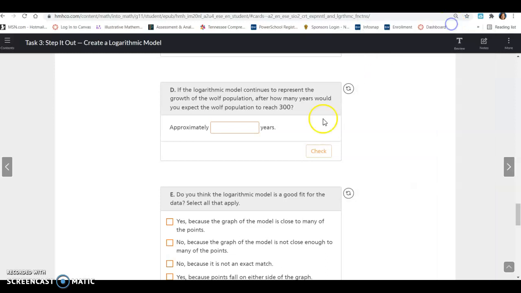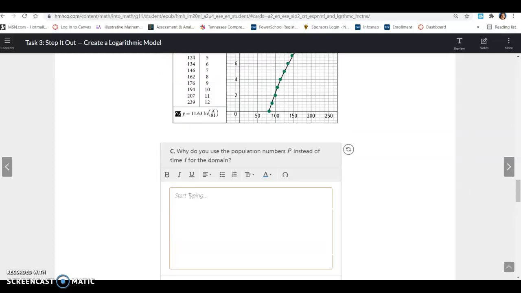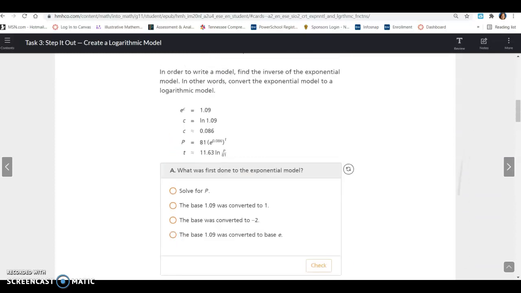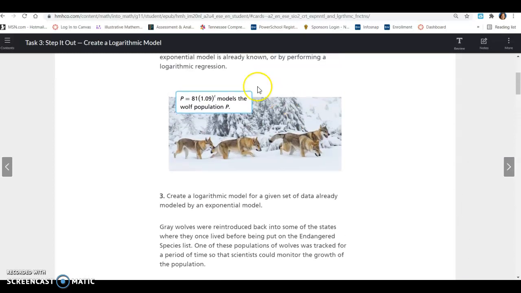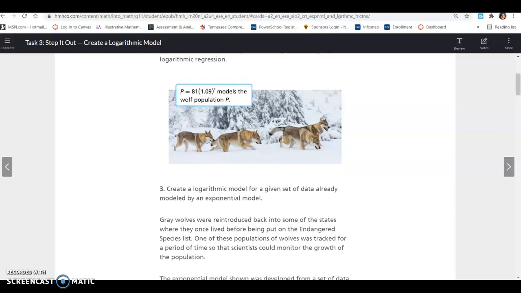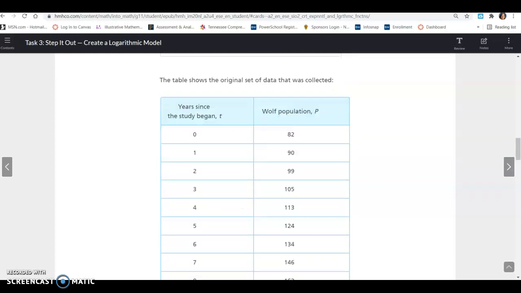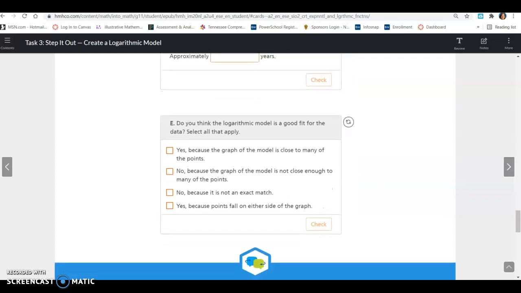I'm not going to be able to find it on my calculator since I've got the logarithmic regression in there. But you're going to go to the equation given in the beginning, and then you're going to put in 300 and then solve to find out how many years that would be. So how many years does it take to get 300? And then do you think a logarithmic model is a good fit for the data?